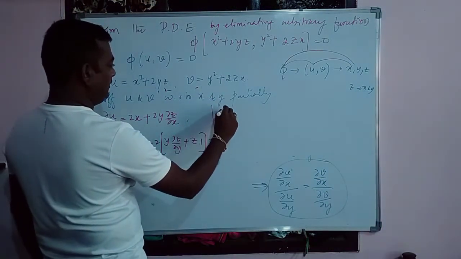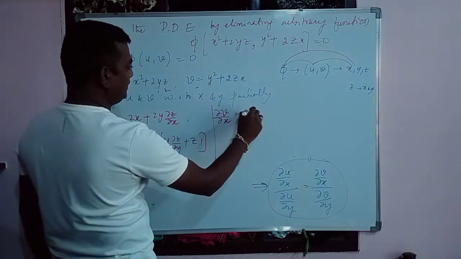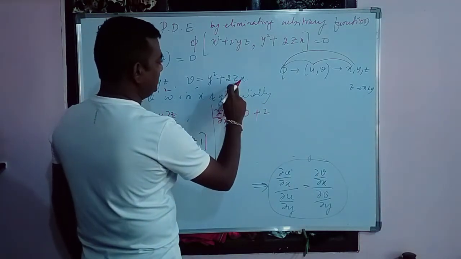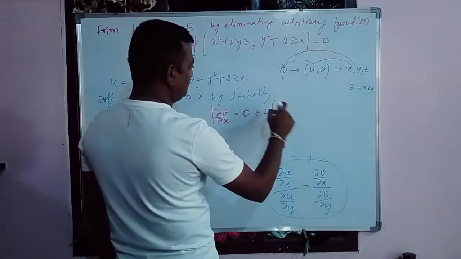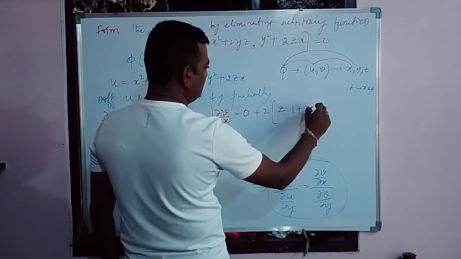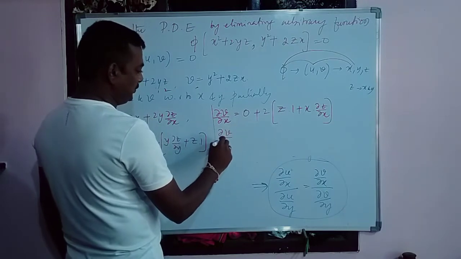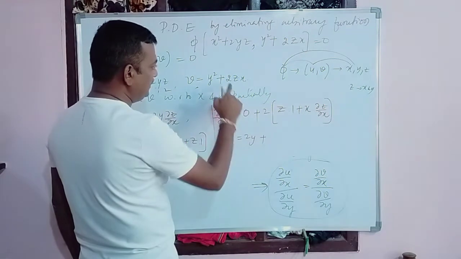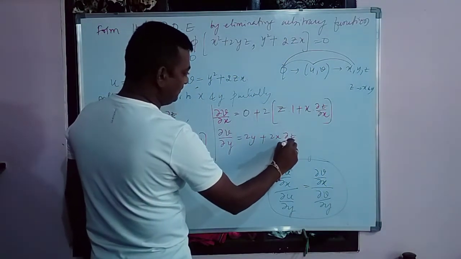Similarly, v with respect to x: y square becomes 0. Next, 2 times z into x, again using the product rule: first function z, differentiation of x is 1, plus x into dou z by dou x. Similarly, what is dou v by dou y? With respect to y, y square is 2y. Here 2x is constant, and z with respect to y is dou z by dou y.